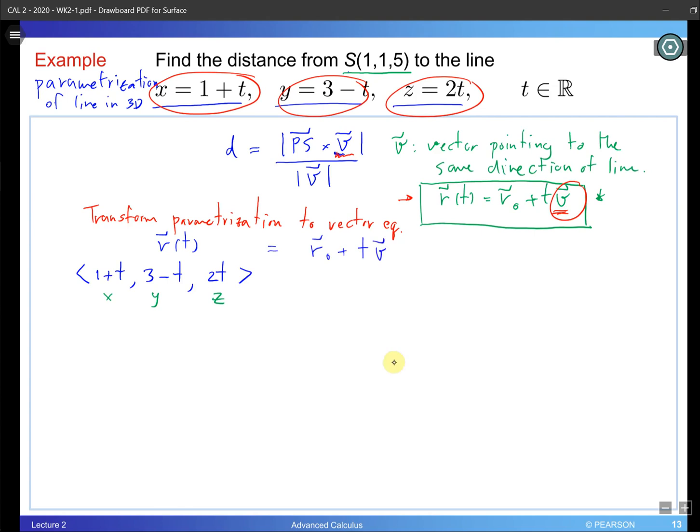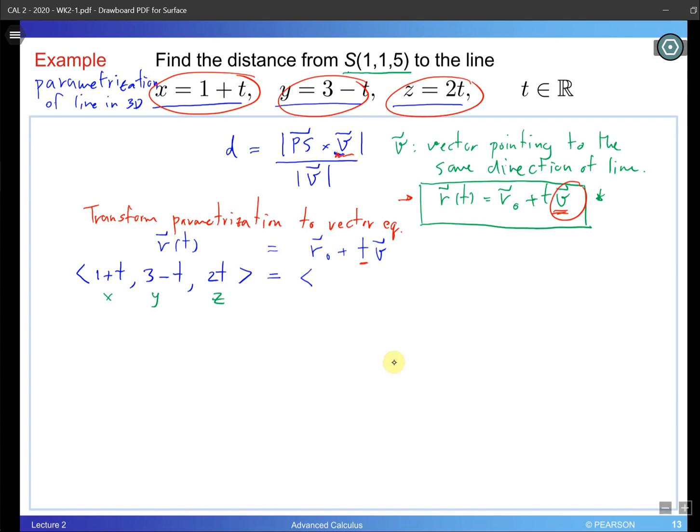Now I'm going to do the same for this line. What I'm going to do down here is split between the terms that are just constant and the terms that are associated with t. As you can see, the terms at the back have the t parameter with them. So I'm going to find r0 first. r0 is going to be the term that doesn't have t.